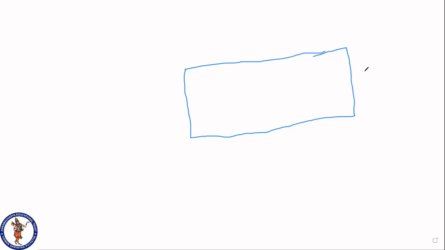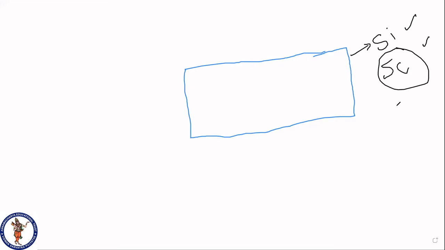First of all, how a diode will form. I am using black color just to indicate things. Let's say this is a semiconductor.